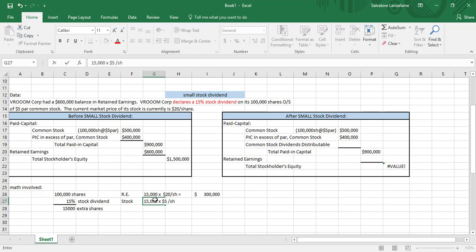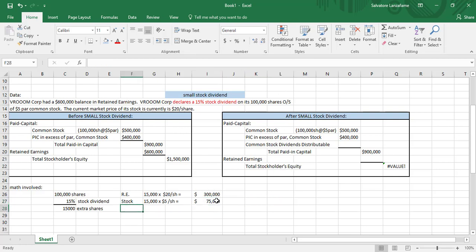So do that math: 15,000 times 5, probably got 75,000, right? Okay, me too. So now we've got 75,000 representing the base value of the stock.